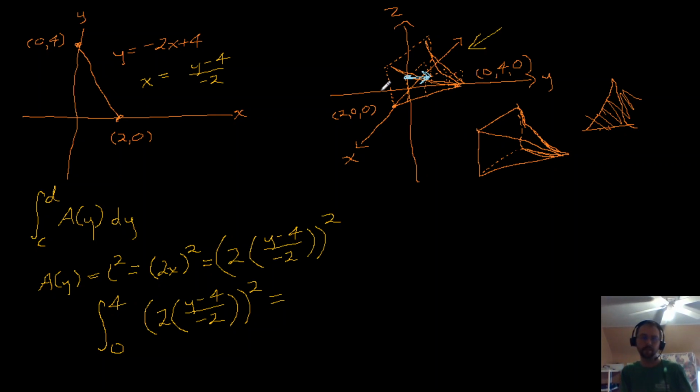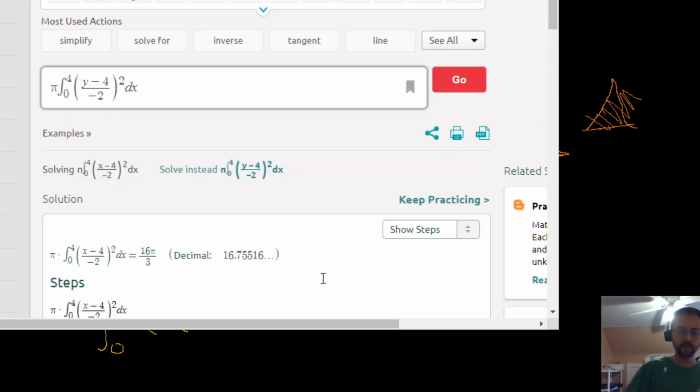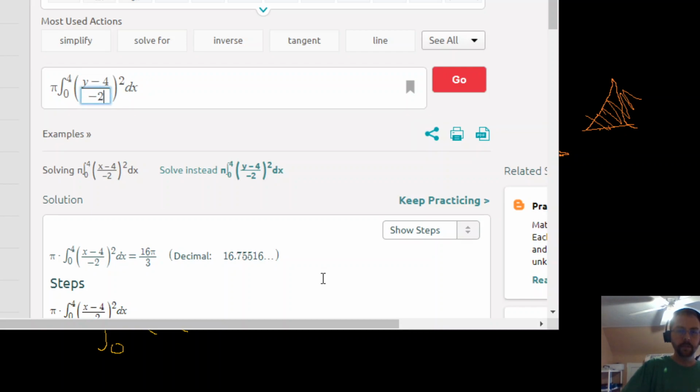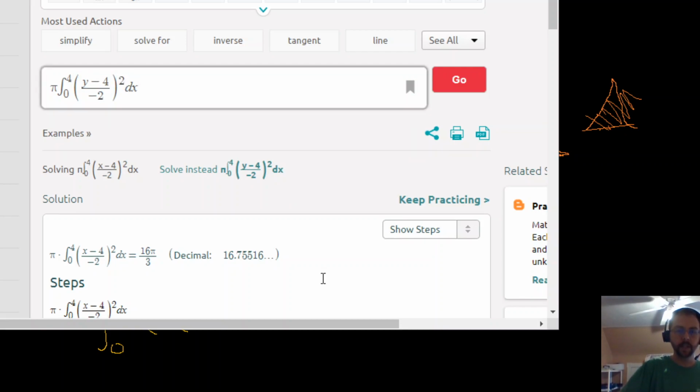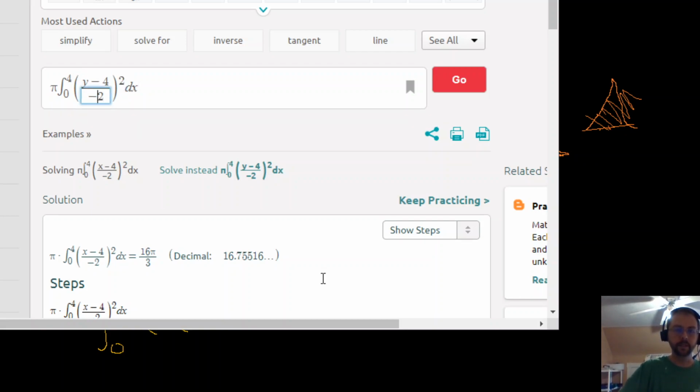It's almost like a pyramid. It's kind of a really funny shape. So, integral from 0 to 4. Oh, I used x last time. I wonder if that actually gave me the right answer. It converted it to x when it solved it. That's okay. I should have used a dy, not dx.